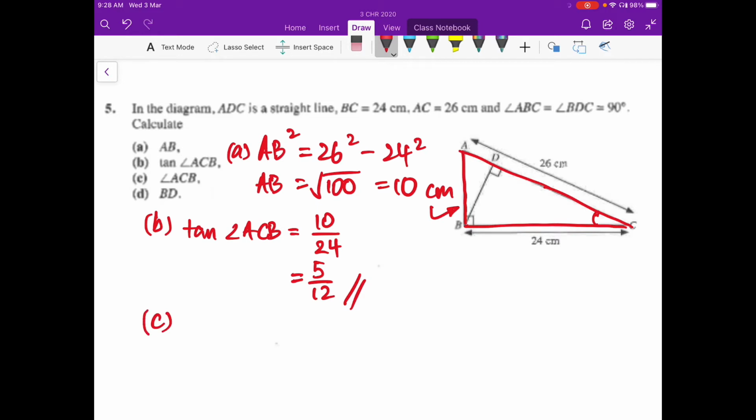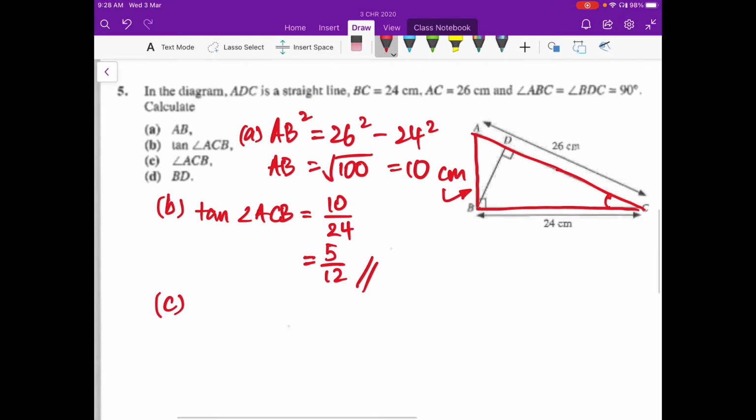Okay, next. To find angle ACB. Okay, now that I know tangent of the angle is 5/12, I want to find that particular angle. So who wants to answer that question? Must stand up to answer.